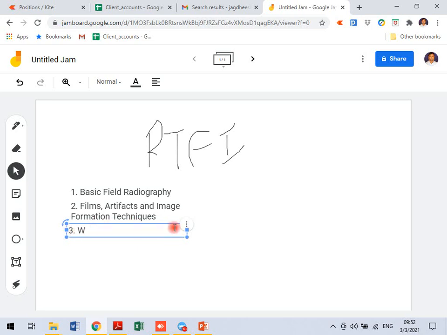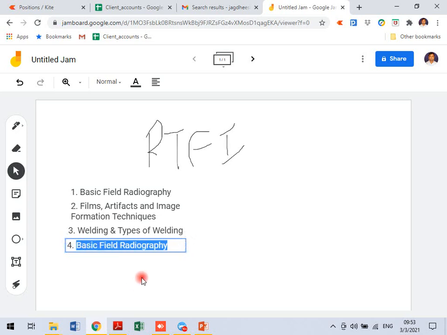Three, we will cover welding and types of welding. Four, we will cover defectology in welding.